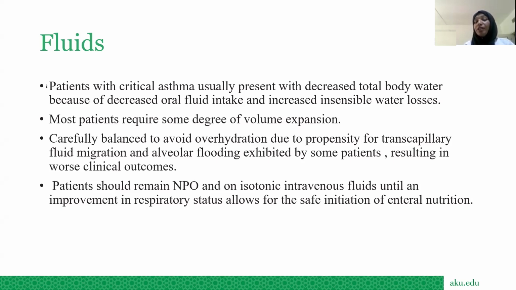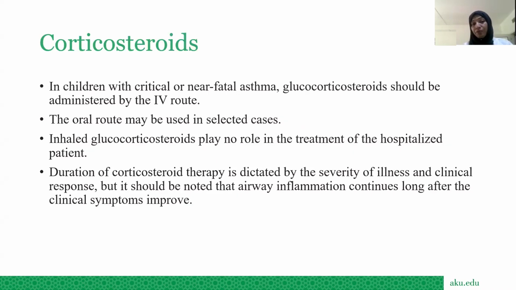Because due to overhydration, there will be increased transcapillary fluid migration and alveolar flooding, and some patients may in turn develop pulmonary edema and worse clinical outcomes. If the patient is in the ICU with severe respiratory distress, we can keep the patient NPO for some time and put on isotonic IV fluids, unless the respiratory condition is stable enough that we can start enteral nutrition.